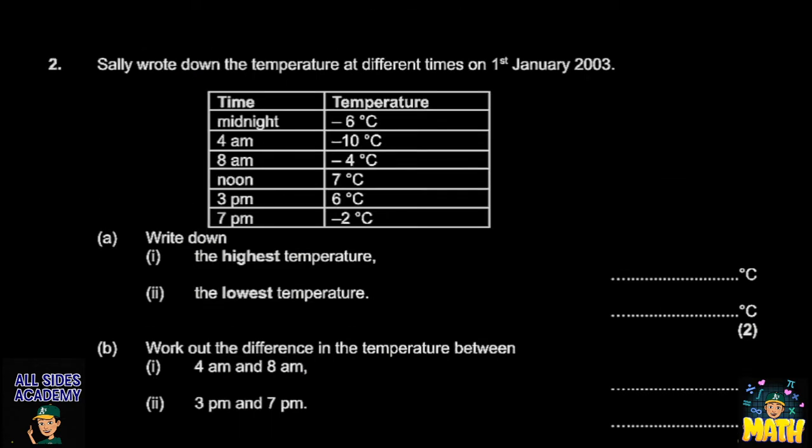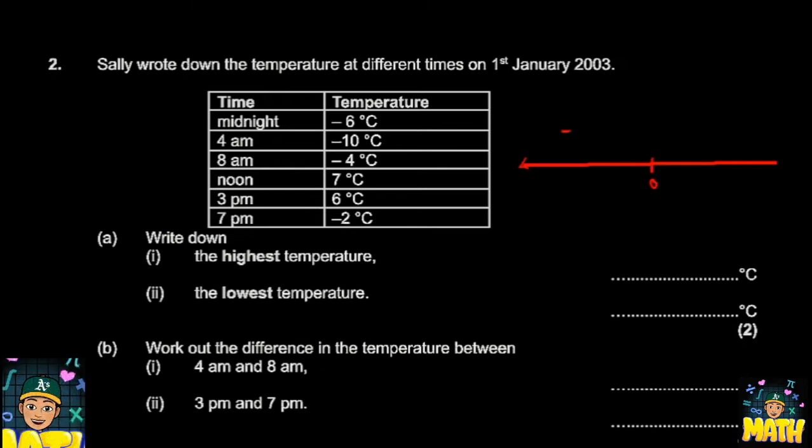In the next question, we are given temperatures at different times of the day. So we're going to first use a number line to write down these temperatures so that we know which one is the highest and which one is the lowest before we can even answer the question. So using the number line, the negatives will be on your left-hand side and the positives will be on your right-hand side.